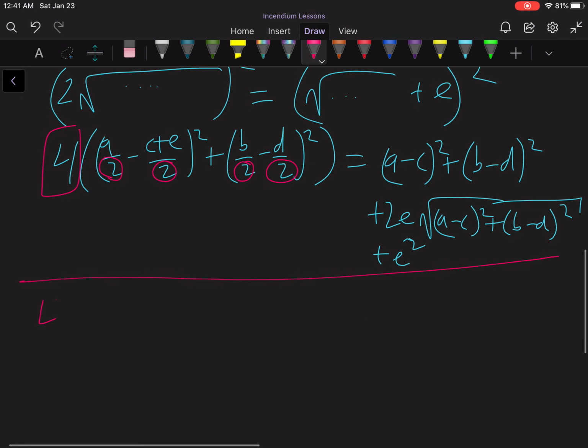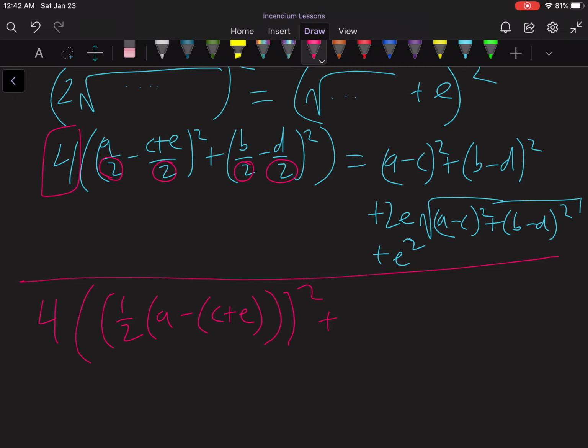Okay, 4 times, let's factor out the 1 over 2, right? So it would be 1 over 2. Actually, I'm not going to skip steps. 1 over 2 times a minus c plus e. Is this correct? Yes, this is correct, I think, hopefully.